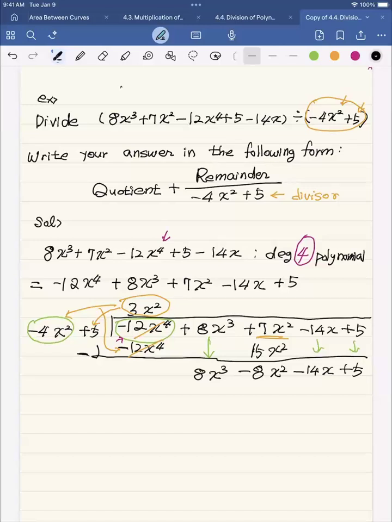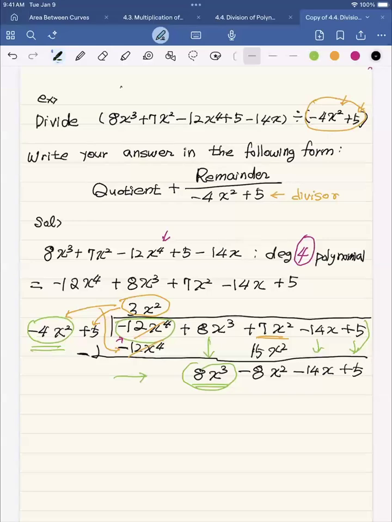Then we have to focus on this one. After you write this part, you will forget what happened in the first block. And then you will repeat the process. We will compare negative 4x squared with the first term, 8x cubed.